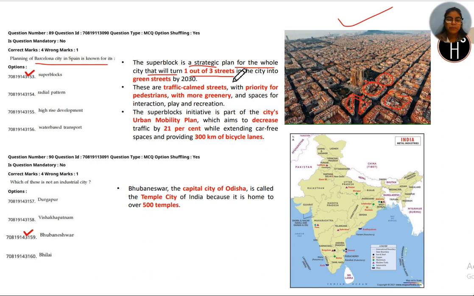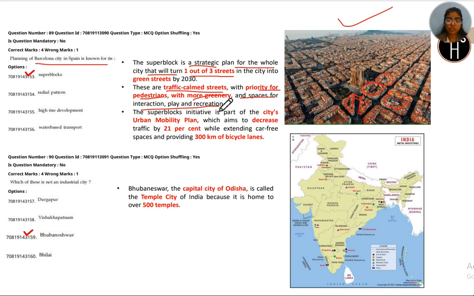They were targeting traffic calmed streets, with no more regular vehicle movement, with priority for pedestrians, more walkable streets, with more greenery and spaces for interaction, play, and recreation.